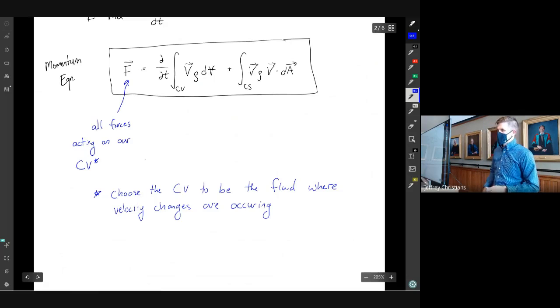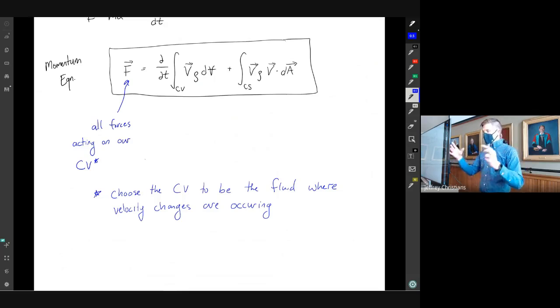It can sometimes be tricky to pick out exactly what we want our control volume to be. We want it to be the fluid where we're actually seeing changes in velocity, where we're seeing an acceleration. And it's specifically the fluid itself, not the pipe or nozzle or something. It's the fluid that's inside of that thing. So those are the sum of the forces that are acting on that fluid.